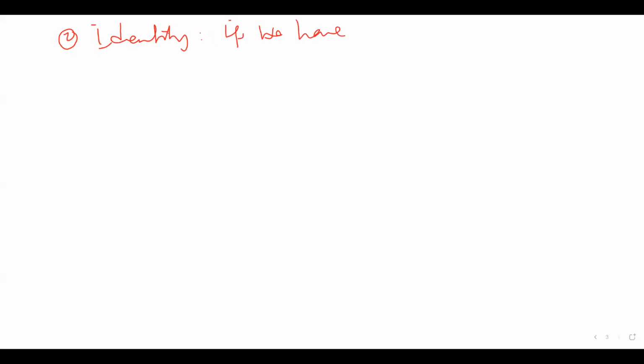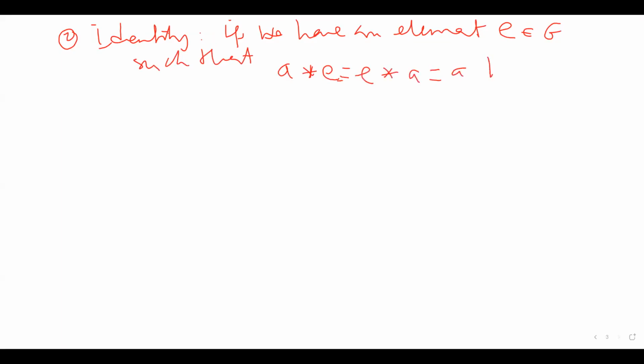For identity, if we have an element E which belongs to G, which is a set, such that A operation E is equal to E operation A, which is equal to A in G, then we say that this is an identity.